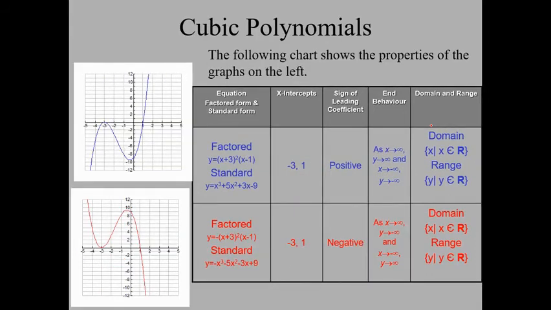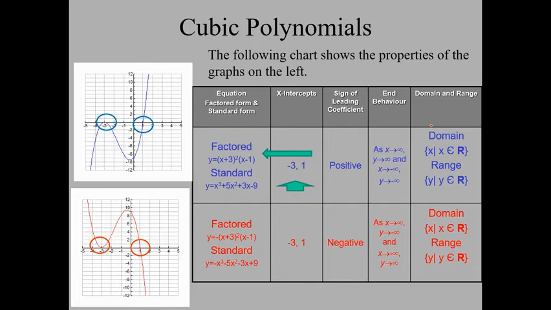Let's look at the patterns for this cubic function. Now we don't have 3 x-intercepts, we only have 2, -3 and 1. But notice in the factored form that your x plus 3 is squared. Now remember, when you have an even multiplicity, then it winds up touching the x-axis but turning there. The sign of the leading coefficient for this is positive.